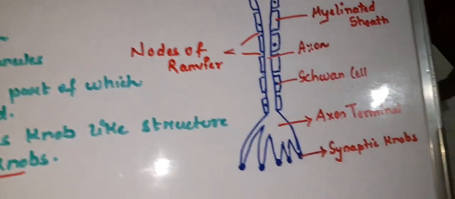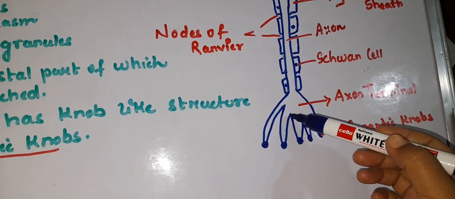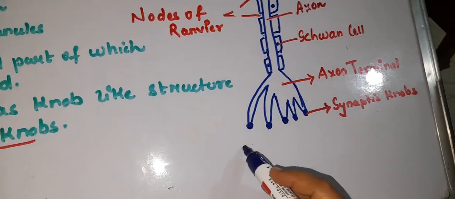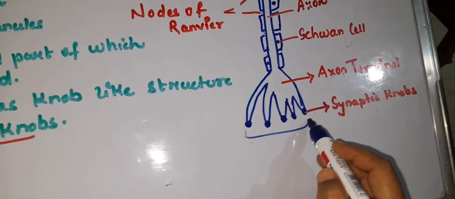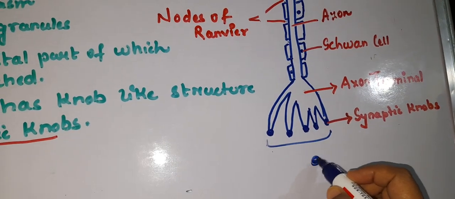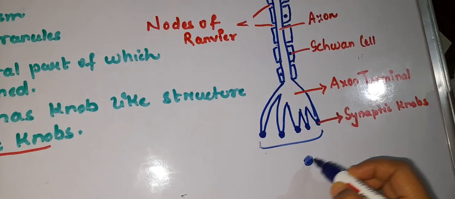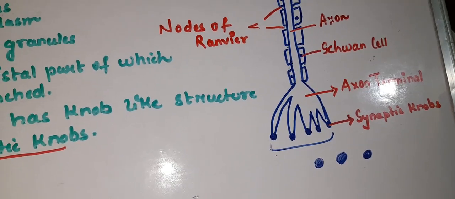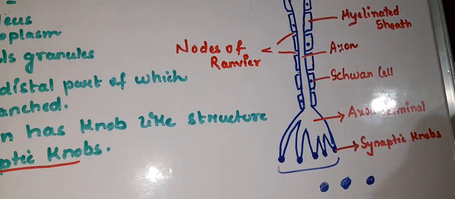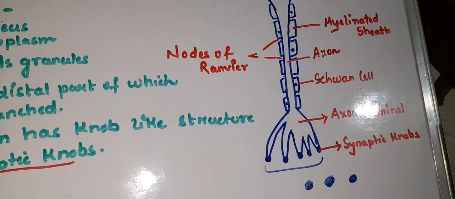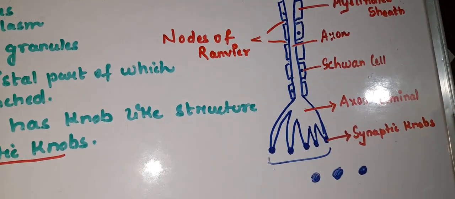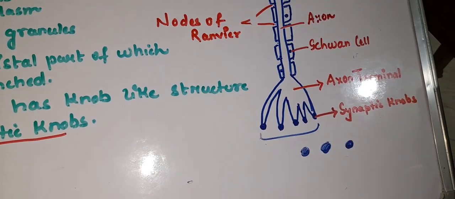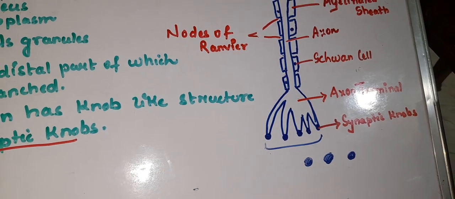So the axon ends in the axon terminal, and finally it enters this structure which is called the synaptic knobs. These are knob like, rounded structures. Why are they rounded? Because they contain synaptic vesicles that have special chemicals called neurotransmitters.